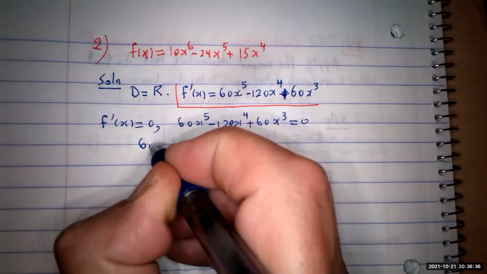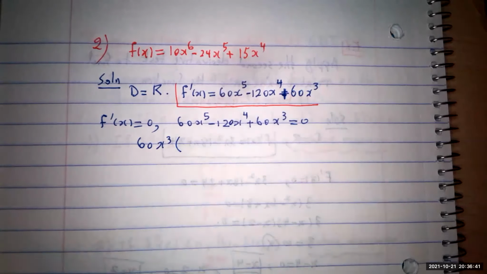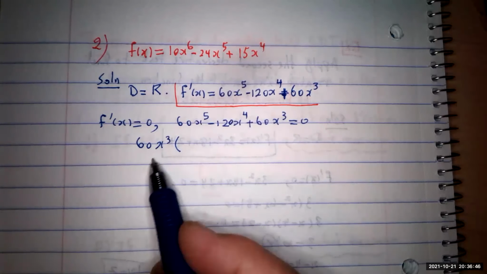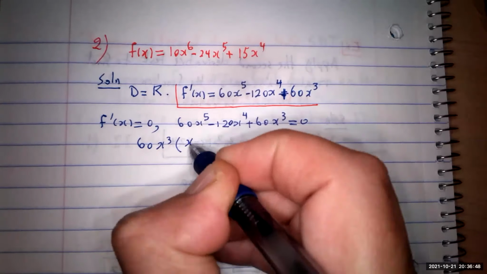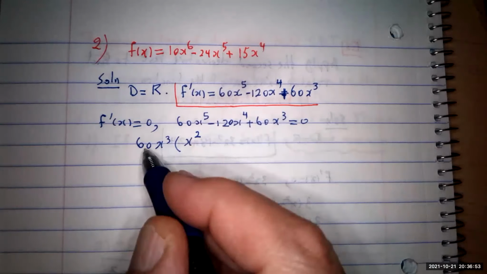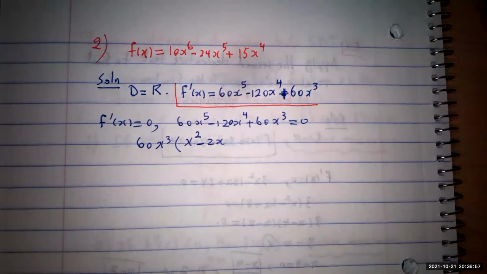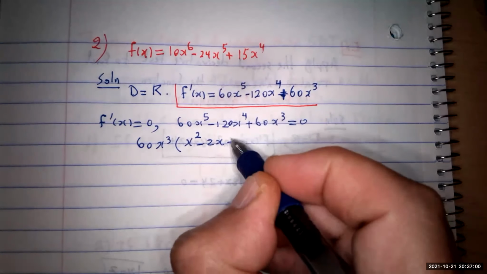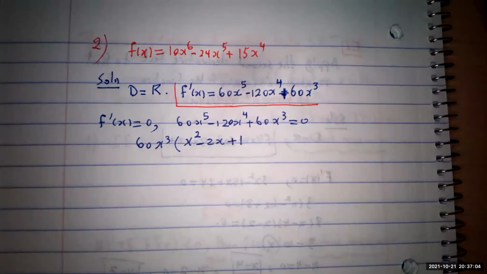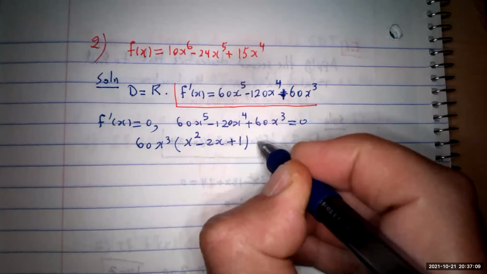So we pull out 60x cubed as a factor. The leftover: x squared, and 120 divided by 60 gives you 2, so minus 2x, and plus 1, equals 0.